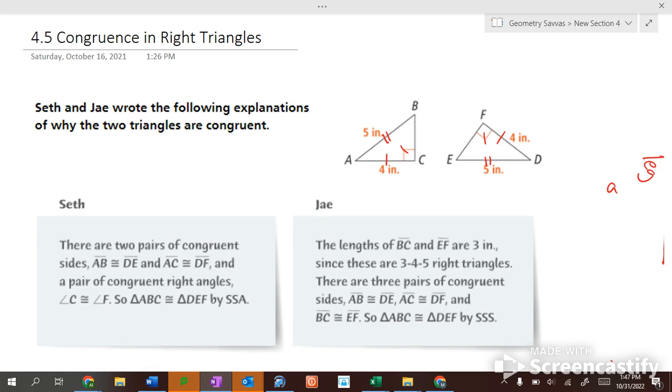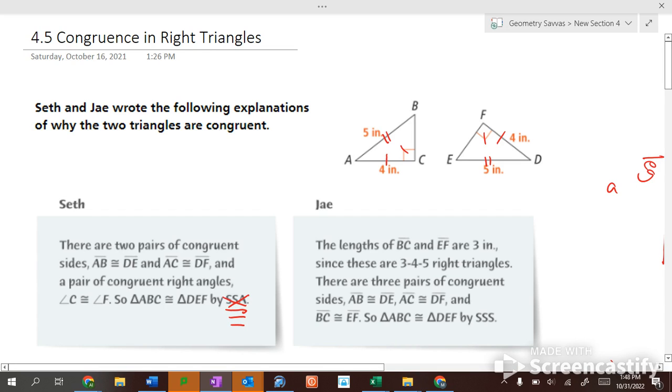Is Seth good on that? The answer is no. What did I say about side-side-angle? It makes an angle-side-side out of you, because you can't prove side-side-angle. Side-side-angle is not a way to prove triangles congruent.